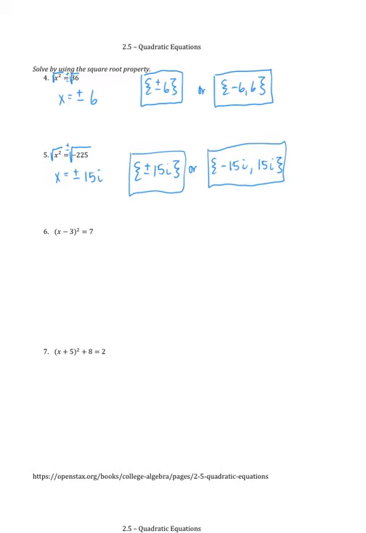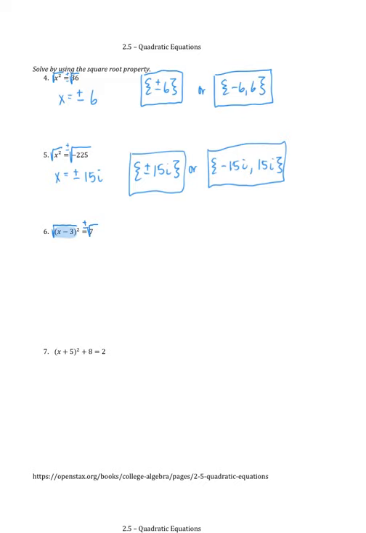All right, number 6. Now this one looks a little bit different, but it actually is still one that you can use the square root property on. If you notice that this whole thing is squared and it's set equal to a number, you can go ahead and take the square root of both sides, put a plus or minus.